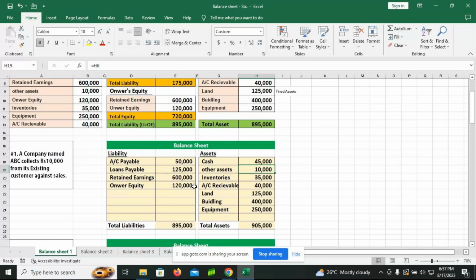Where it should be added, guys? This side, in the liability side, where the value should be added. Guys, why no answer?